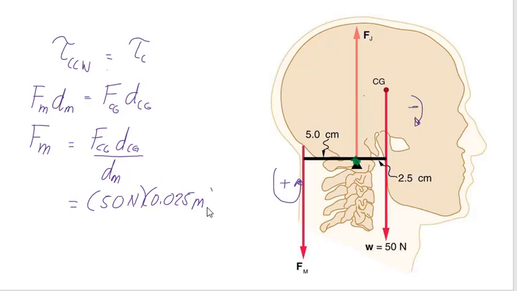meters, divided by the distance now of the muscle, which is 5 centimeters, so that's 0.05. Again, that's 50 newtons times 0.025 divided by 0.05.